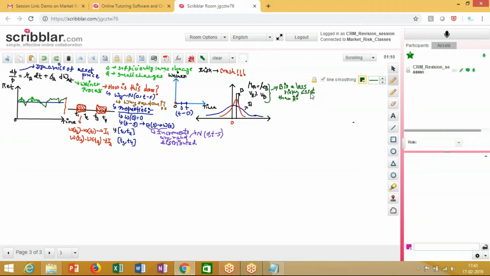Now it is generally seen that after asset prices undergo a crash, the volatility tends to increase, and as we go forward, we'll be talking about volatility clustering, right? We'll be talking about the detailed mathematics and the detailed reasons behind volatility clustering. But over here, we'll just talk a bit about volatility.